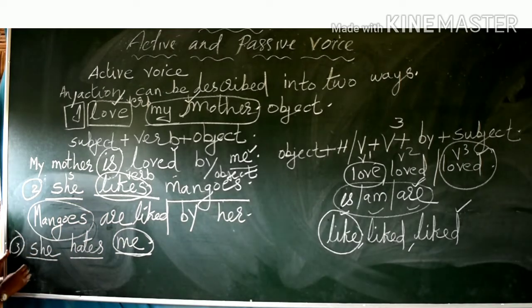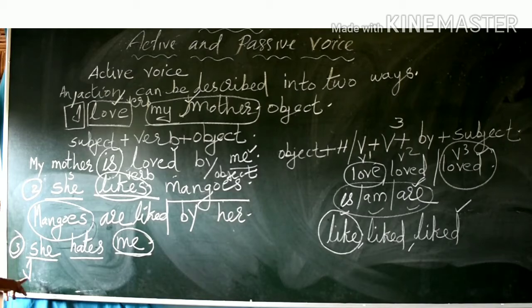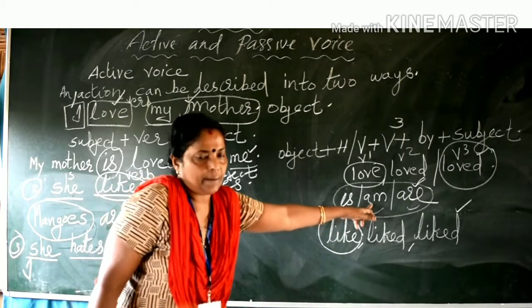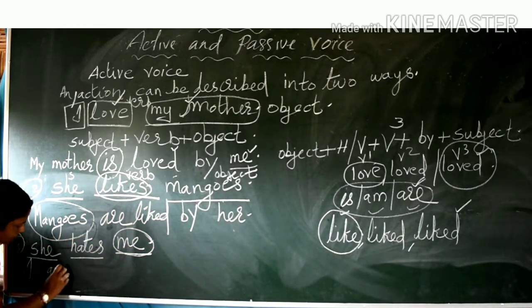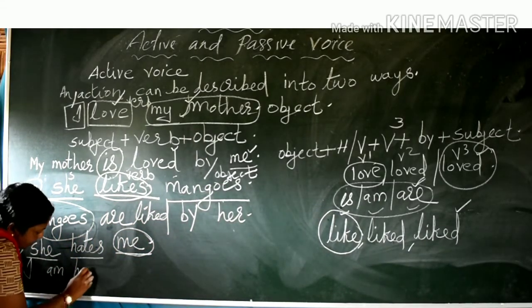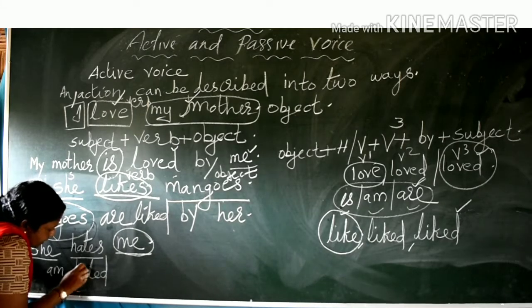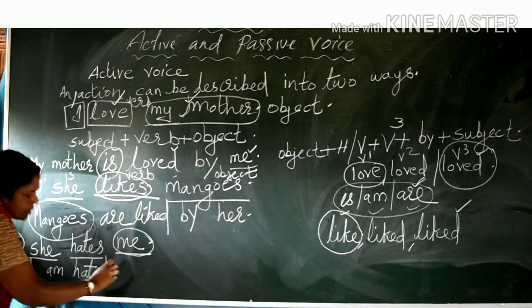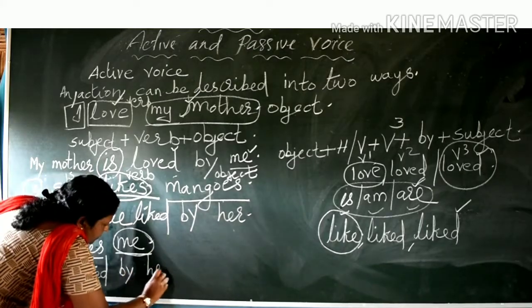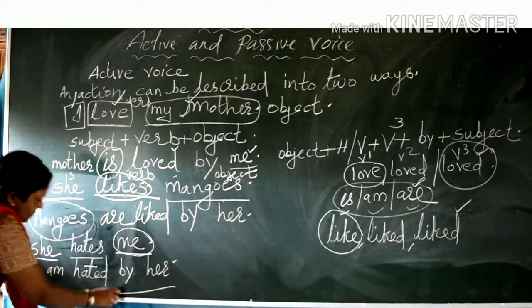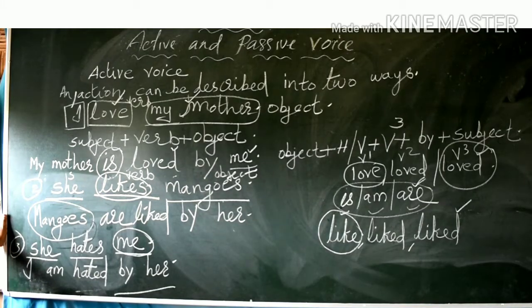So "me" will become "I." And another rule: with "I," though it is singular, we use only "am." So "I am hated," the third form of the verb. "By she" will change into "by her." I am hated by her.